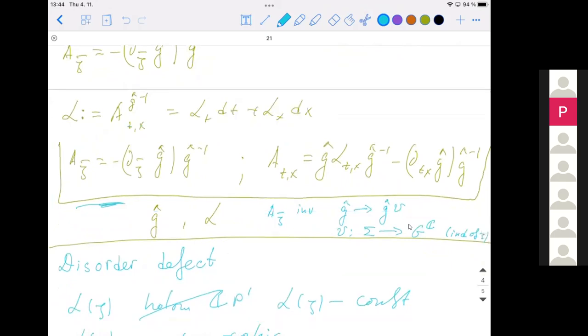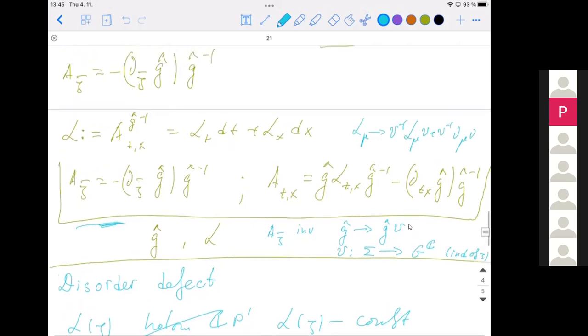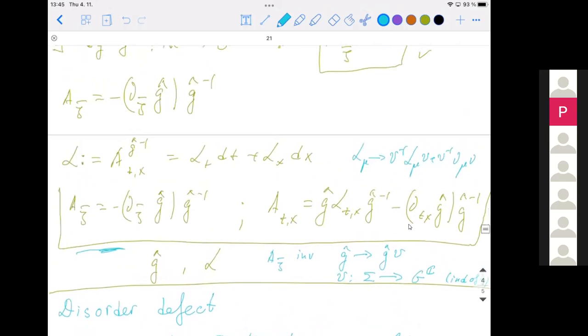Let me just write it up here. This Ln needs to be transformed like this. So this is the gauge transformation of the Lax. And then this four-dimensional Chern-Simons theory is also invariant under the general formal gauge transformation.